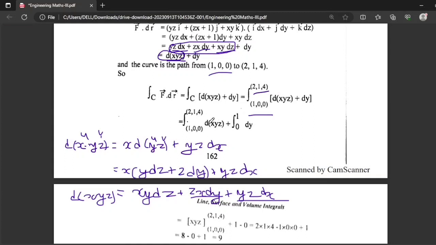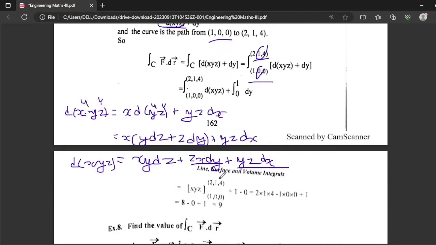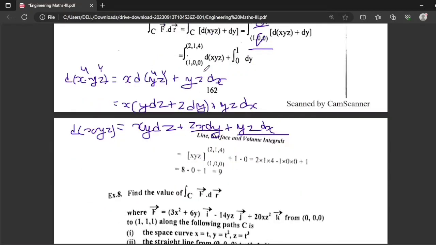For xyz the limit is the points, and for y the limit is 0 to 1. So integration and derivation cancel, and the remaining is xyz from the limit (1,0,0) to (2,1,4), plus y from the limit 0 to 1.